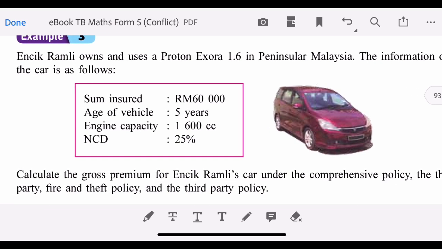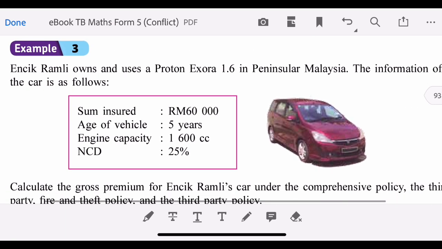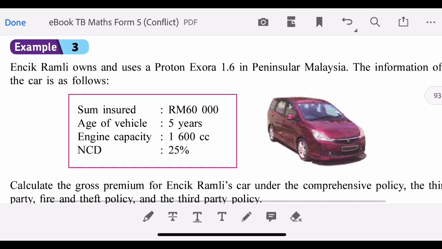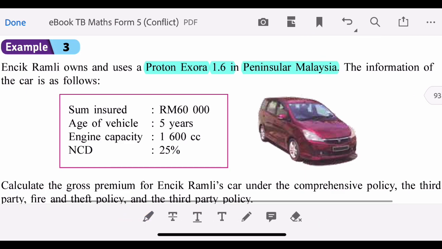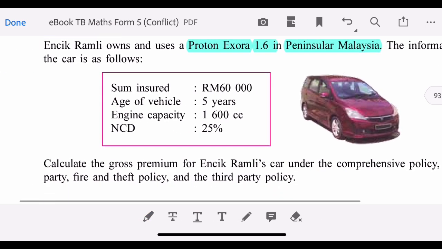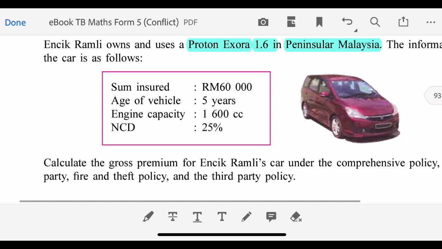Okay, let's see example 3. Encik Ramli owns and uses a Proton Azora 1.6. That is the engine capacity in Peninsular Malaysia. So the information of the car is as follows.